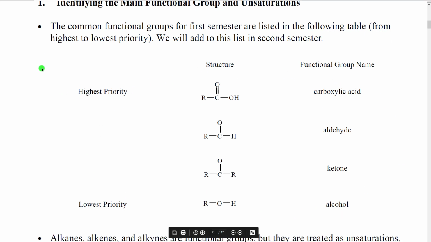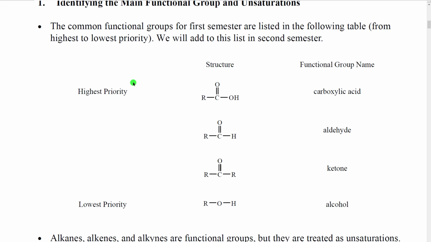And what we see is that the functional groups have a priority to them, starting from highest priority down to lowest priority. In a later chapter, we'll talk about how that priority is roughly determined. But the important thing is that when we have a molecule that has 2 or more different functional groups, only one can be the main functional group, and the other functional groups we will see later will be treated as substituents.